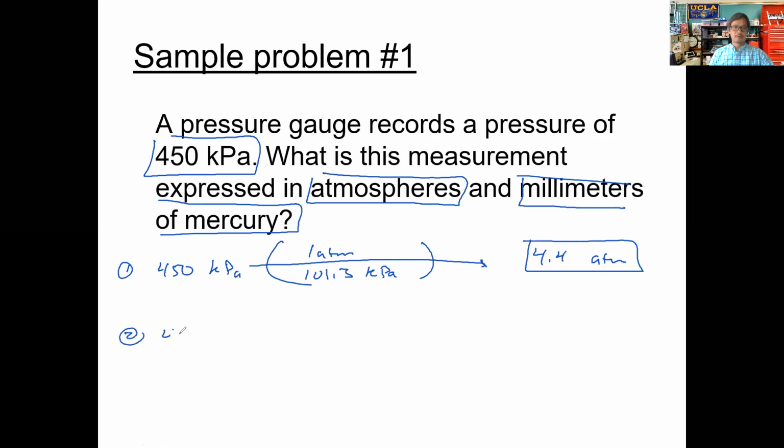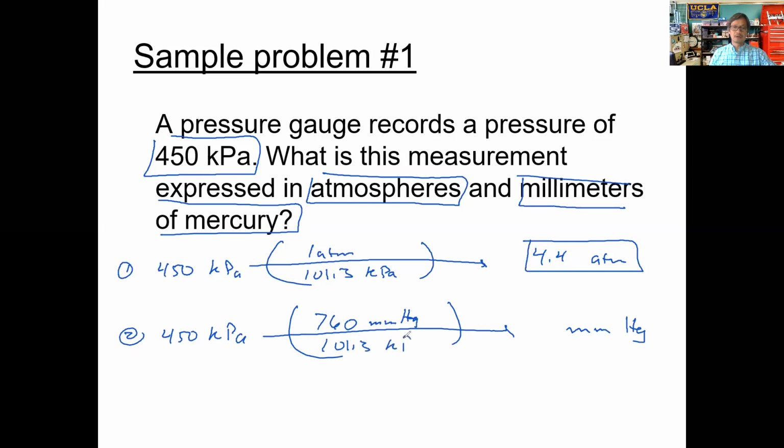Doing the same thing for millimeters of mercury, we start out with 450 kilopascals and convert that into millimeters of mercury. The conversion factor, based on the relationship we saw on the previous slide, is 760 millimeters of mercury over 101.3 kilopascals.